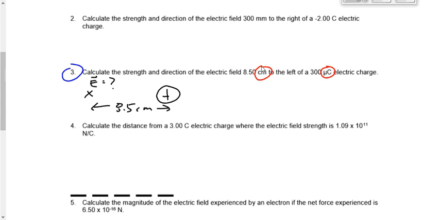Is that point X where the charge is? No, the charge is over here, right? Where we're trying to find the field is over here. So we know something about this charge right here. Is this charge producing or experiencing the field at point X, where I'm trying to find the strength of the field? Is it causing it or is it feeling it?